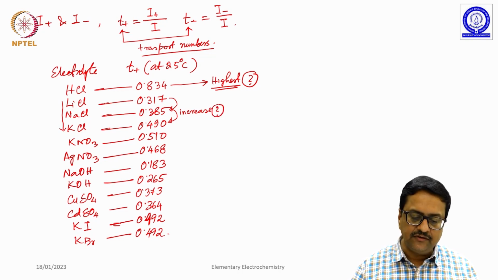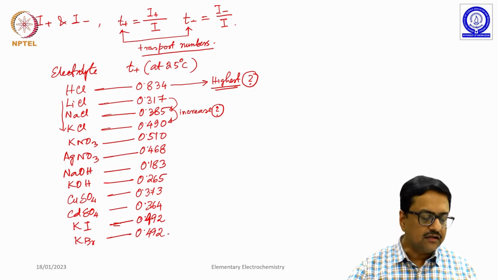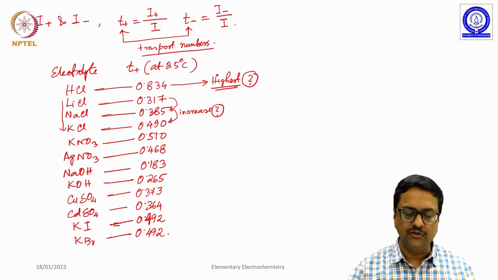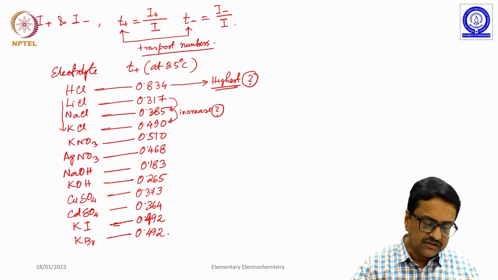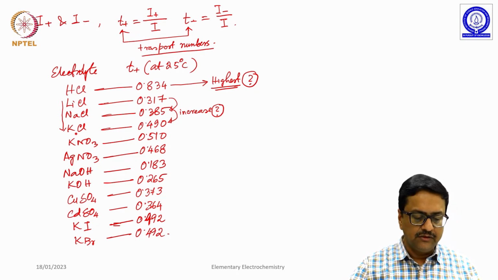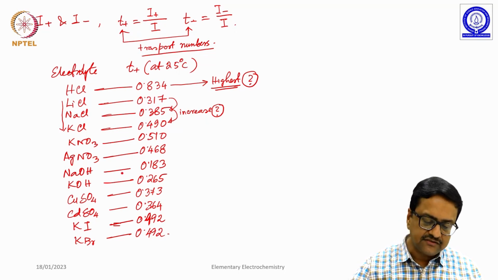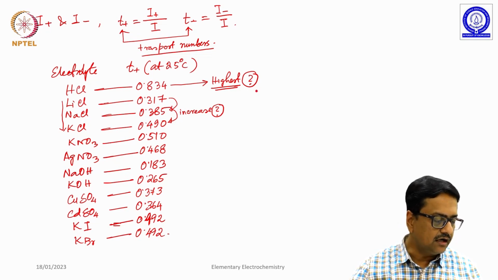These two questions I am leaving for you to try to sort out till we come back in the next lecture, where we will discuss the reason behind these observations. When you go down the period from H plus to lithium to sodium to potassium, you see there is a difference, and we want you to find out the reason for that difference.